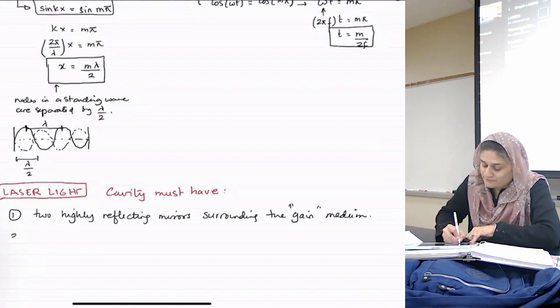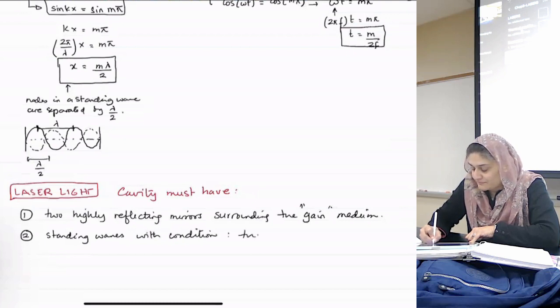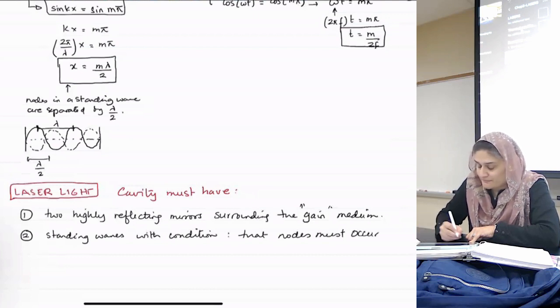Number two, standing waves with the condition that nodes must occur at the mirrors.